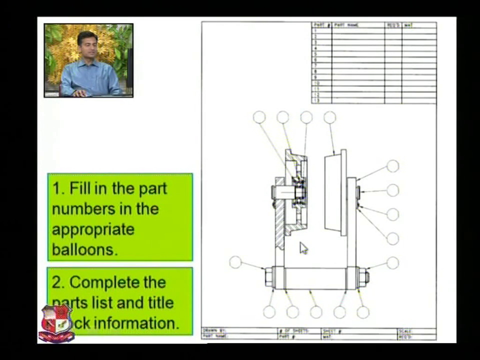Complete the parts list and title block information. Here half the work is done. You have to complete the remaining work. You insert the item numbers 1, 2, 3, 4 and so on, and write appropriately here the name of the component, quantity and material required to produce that component.